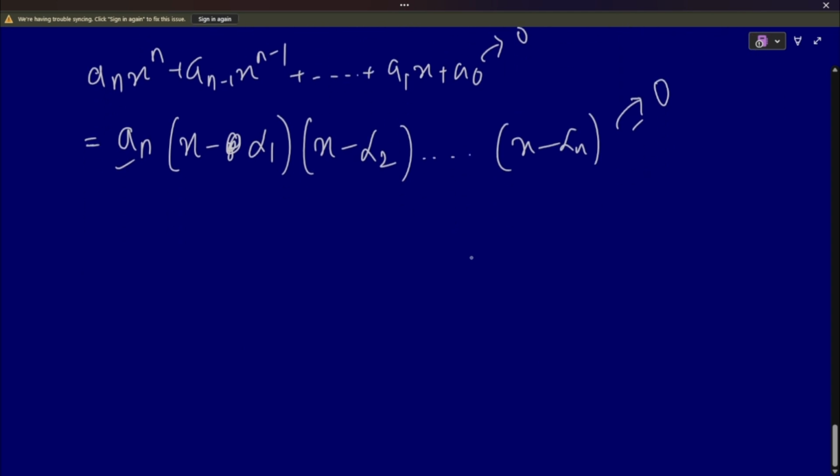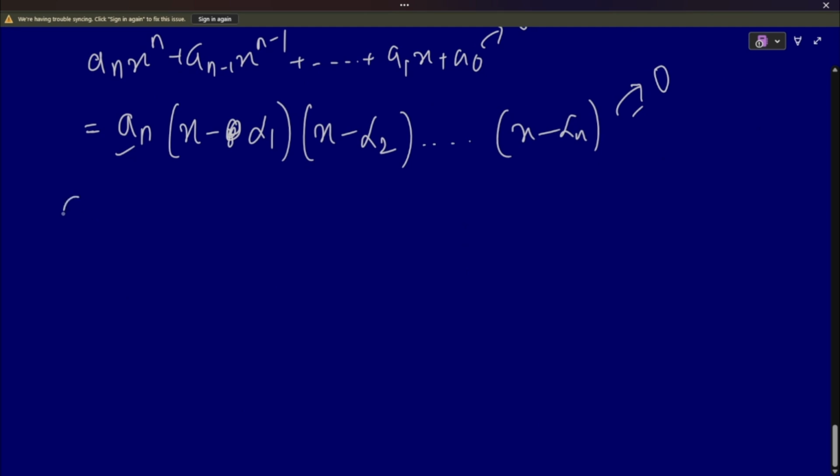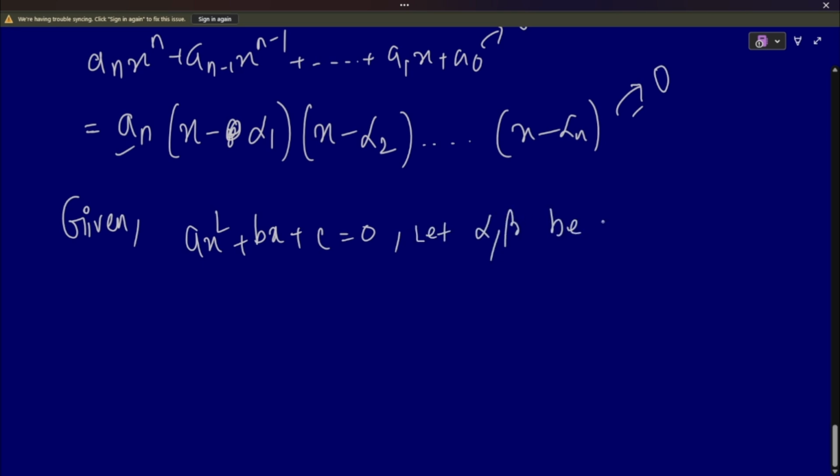If we apply the fundamental theorem of algebra, given ax square plus bx plus c equals 0, let alpha, beta be its roots. Then what we can do is this.